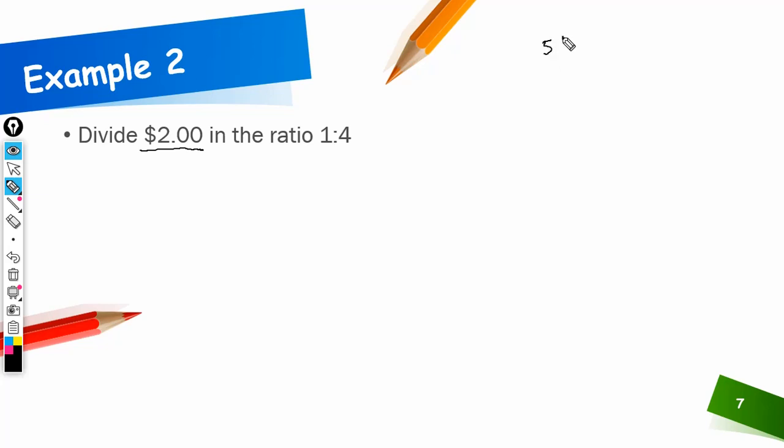so 5 boys to 8 girls. So the total of students is 13 students. Okay, you can say 5 to 8.